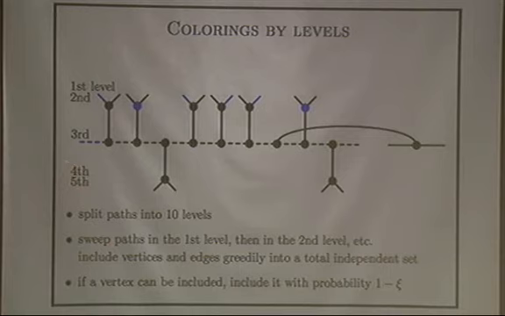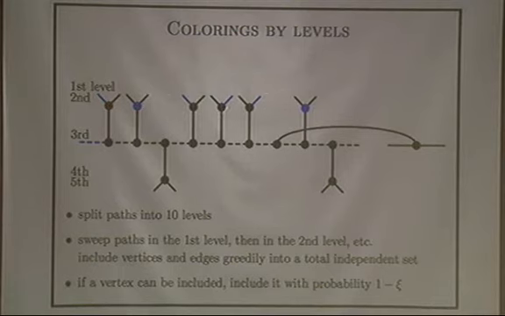So maybe the fourth or the fifth. And some of these paths, maybe like this one, were on the same level as this path. So for the paths that appear on the previous levels, we already decided which edges and which vertices we're going to include in our total independent set. So for instance, we included this edge, this vertex, this edge, this edge, this edge, and this vertex.